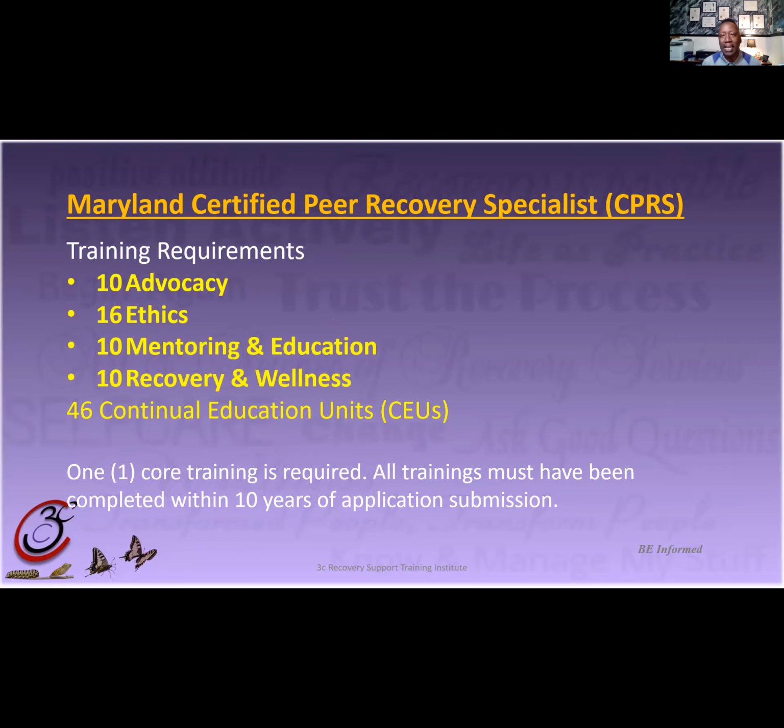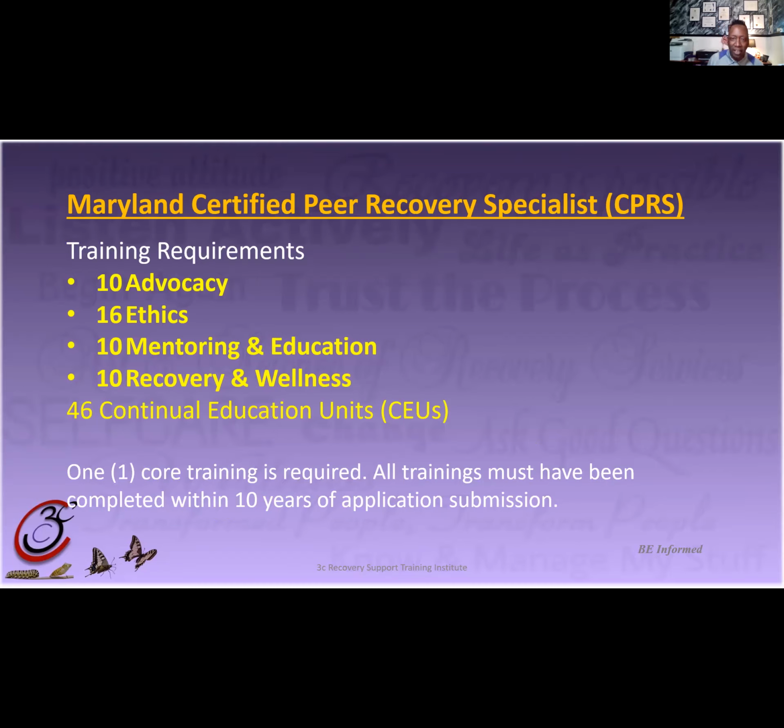As you are signing up for classes, make sure that you are writing down the name of the class and the number of CEUs you receive for that class, as well as the breakdown of those CEUs, because you will need 10 CEUs, or continuing education units, in advocacy. You'll need 16 in ethics, 10 in mentoring and education, and 10 in recovery wellness.